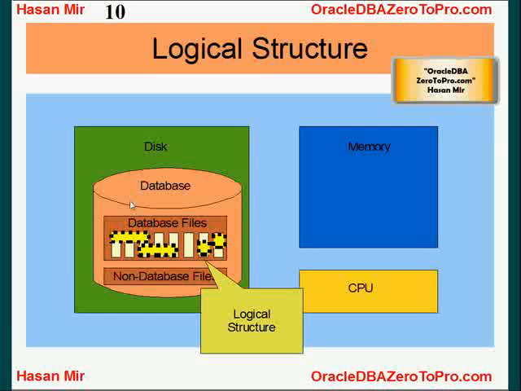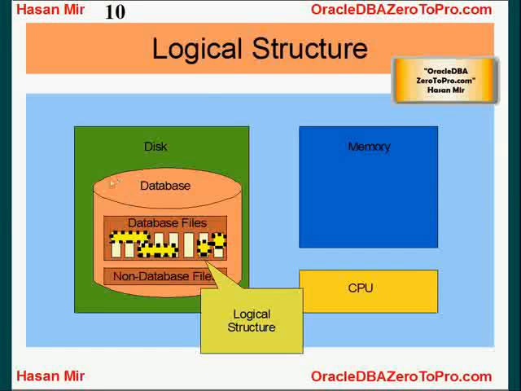But whenever you query the table, the whole table is going to appear as one logical unit to you on the query tool. So it's important to note that there is no direct relationship between logical units and physical units. One logical unit could go in one physical unit or could be sitting on multiple physical units. So it's not a one-to-one relationship; it's a one-to-many relationship.